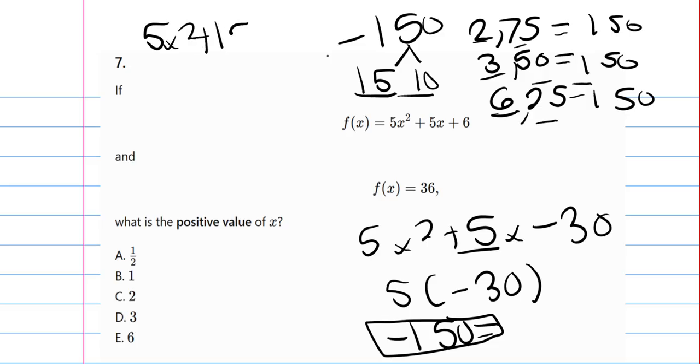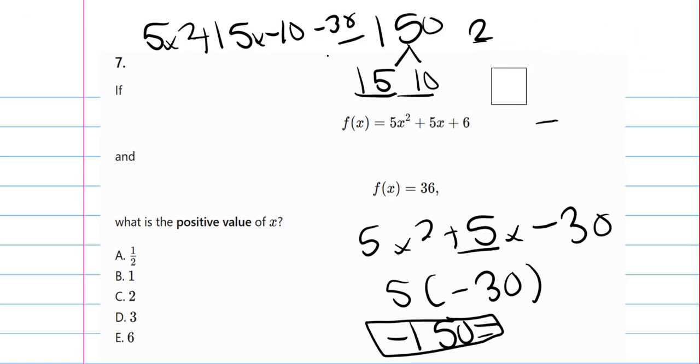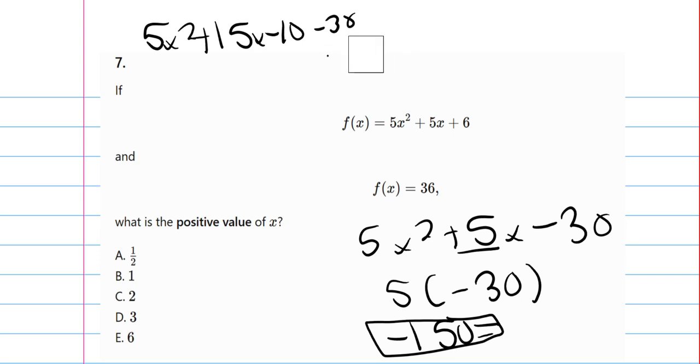So let's just add 15x here plus negative 10x. Let me erase all of this first, since we don't need all of this. And we can just simply factor it.